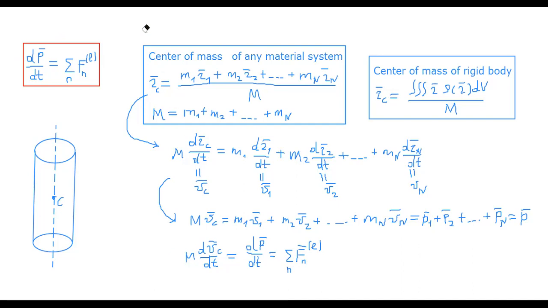We have a formula known as the theorem of center of mass motion. It allows us to consider the motion of a material system like the motion of one material point placed in the center of mass.